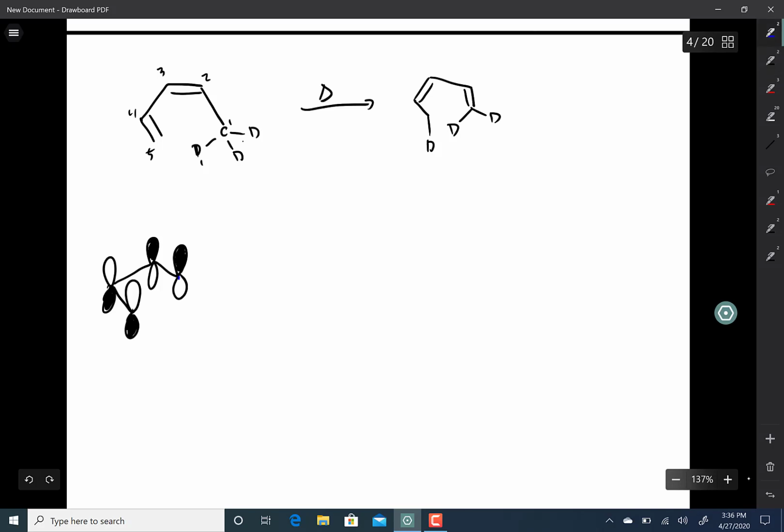And then we approximate the new carbon as a p orbital. And then we draw a deuterium in. I'm going to draw it on the bottom. There's no pi bond between carbon 1 and 2, so I'm going to shade it appropriately, like so.